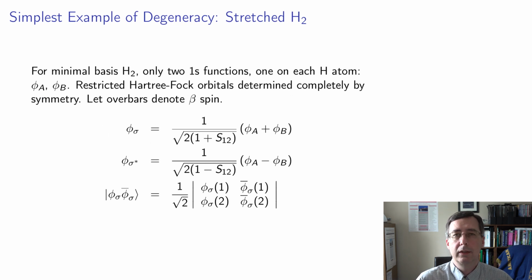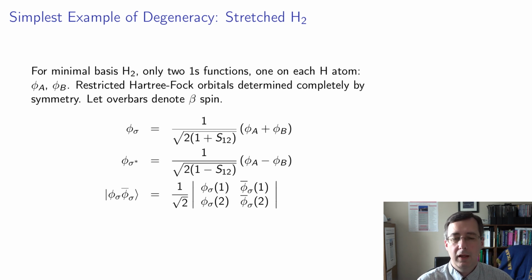So let me go through a little bit of the mathematics to try to illustrate where this is coming from. And I'll try to make the example as simple as I possibly can. So let's start with the H2 molecule in a minimal basis. So there I'm going to have a 1s function for atom A and a 1s function for atom B, and that's it.